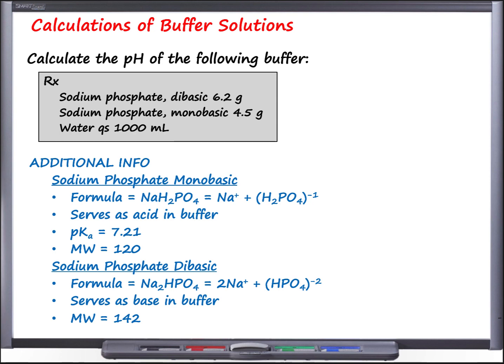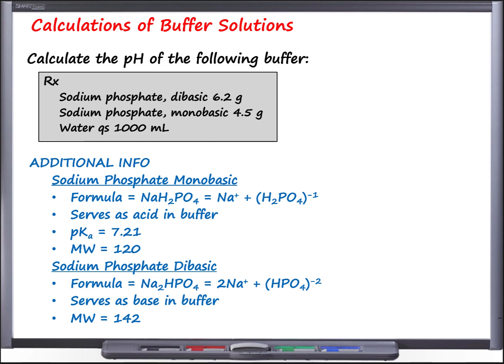Now, the second ingredient is the dibasic sodium phosphate. The formula for dibasic sodium phosphate is Na2HPO4. Therefore, when it dissociates into its ions, you'll get two sodium ions and one dibasic phosphate, which is H, a +1, and PO4, the -3. Therefore, the dibasic ion itself has a -2 valence.